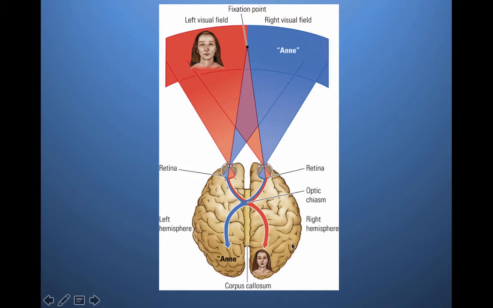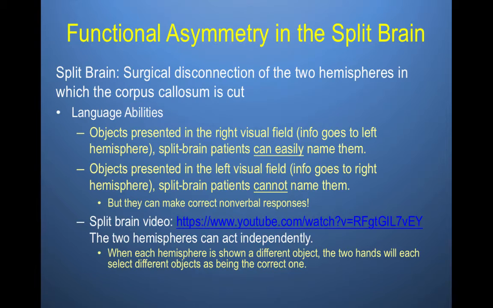One of the ways that they further examined this functional asymmetry is by using split brain patients. Split brain is a surgical disconnection of the two hemispheres in which the corpus callosum is cut. We've discussed the impact of frontal lobe lobotomies, which of course are very, very negative.